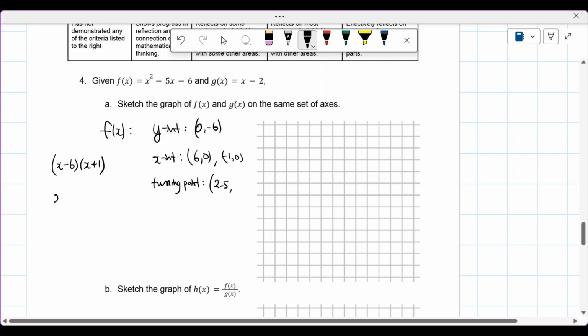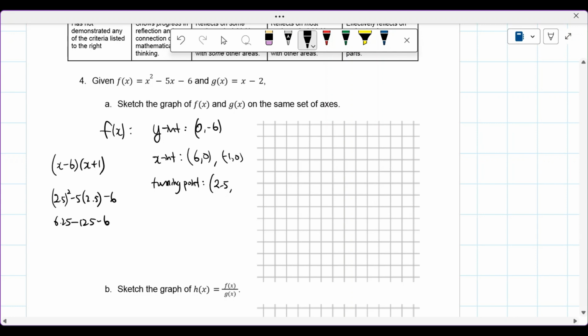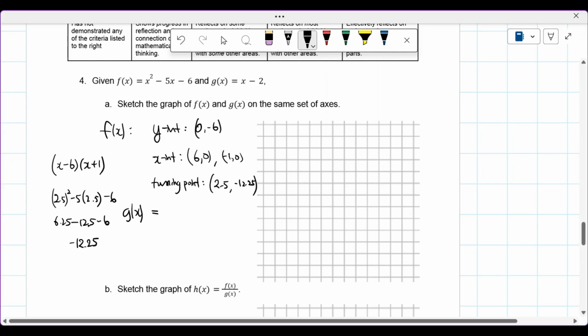If I plug in 2.5, I get negative 12.25. And then also, let's do g of x as well. For g of x, the y-intercept is 0 comma negative 2, and the x-intercept is 2 comma 0.